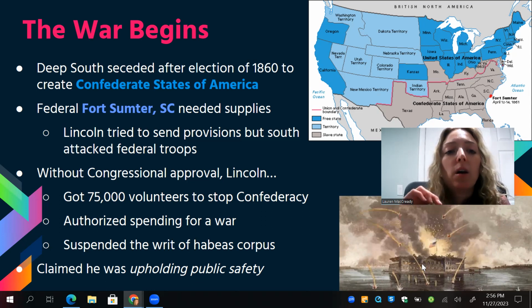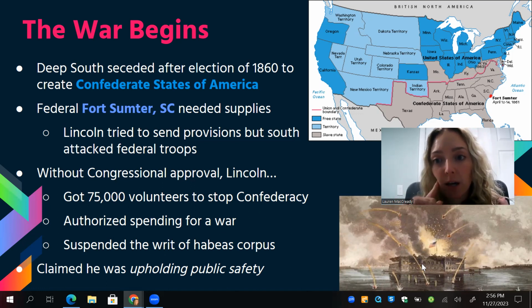Without congressional approval, Lincoln immediately, after the attack on Fort Sumter, called upon 75,000 volunteers to stop the Confederacy. Basically, he's saying you are going to go fight the South, meaning that he is going to use physical force against his own people.